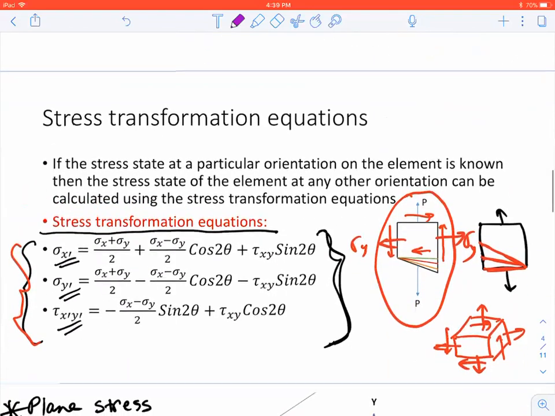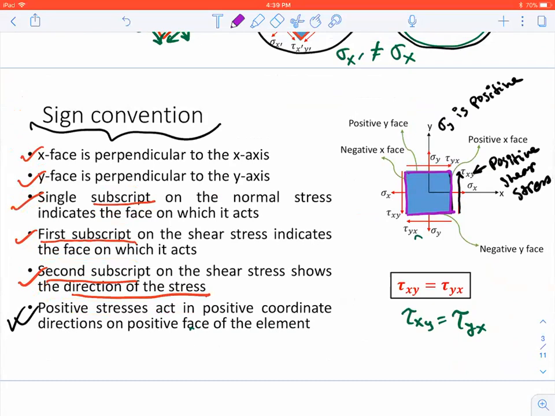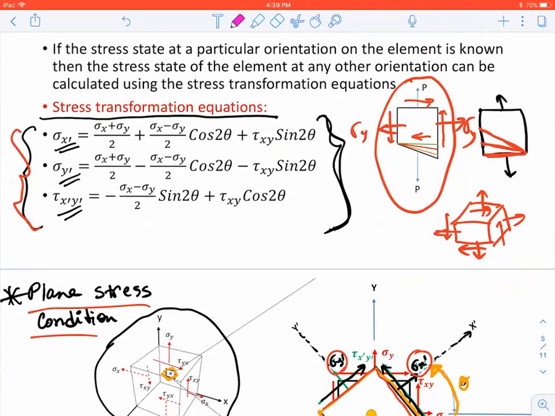And we talked about, if we are rotating the same element, say, for example, rotate it, what are going to be the stresses on this rotated element? You can get those stresses from the stress transformation equation.